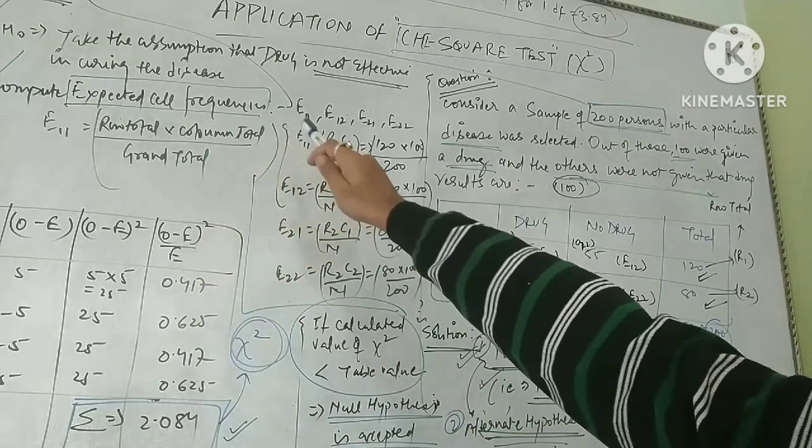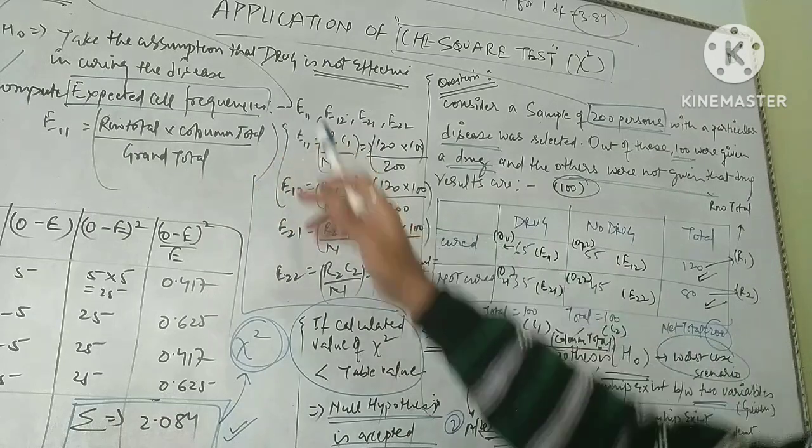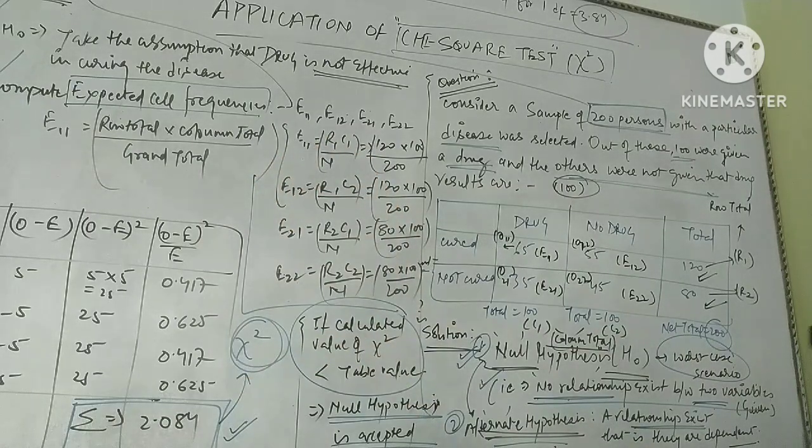This is the concept of the expected cell frequencies, and we have to compute them to get our E value.